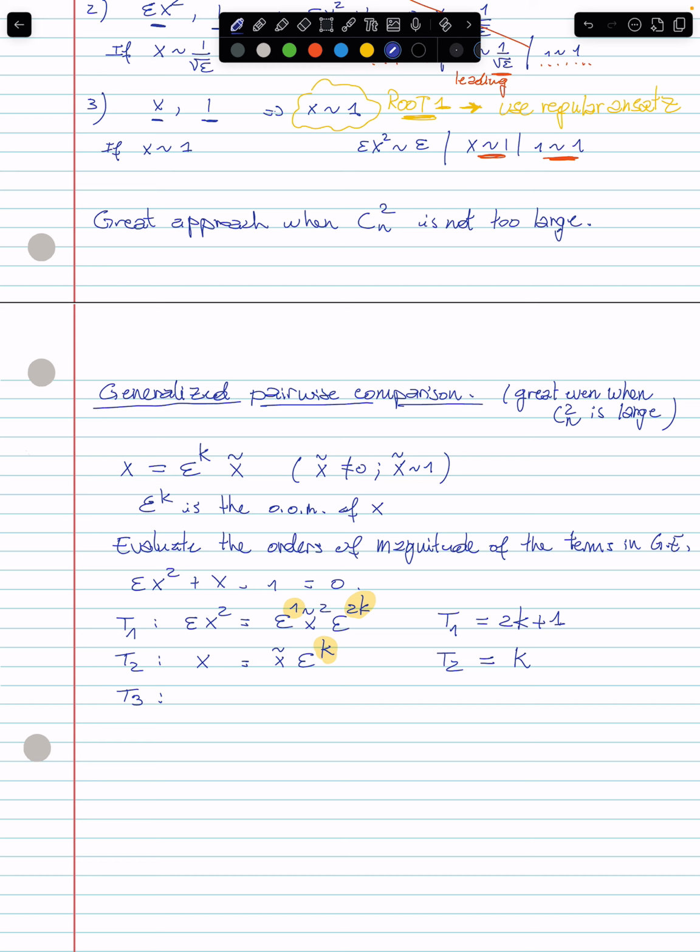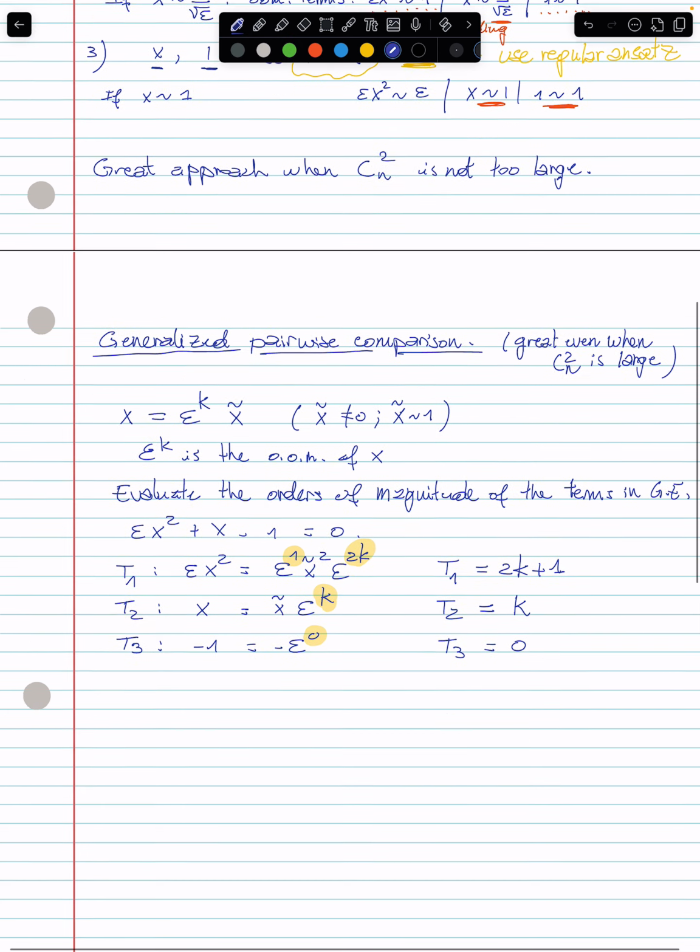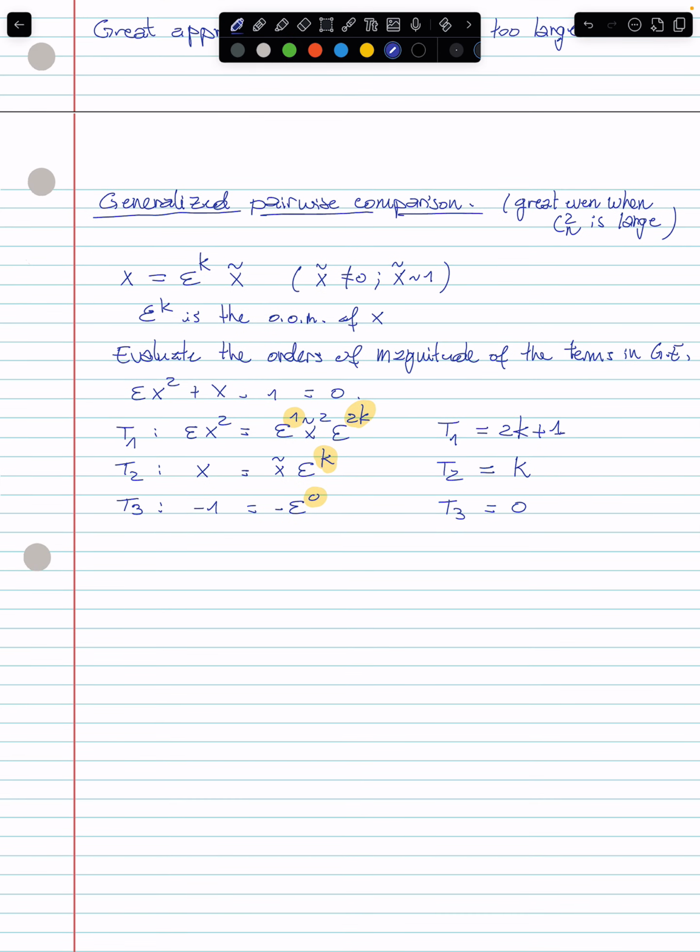Third term, this is minus 1. Well, clearly this one is epsilon to the power 0. So T3 is equal to 0.